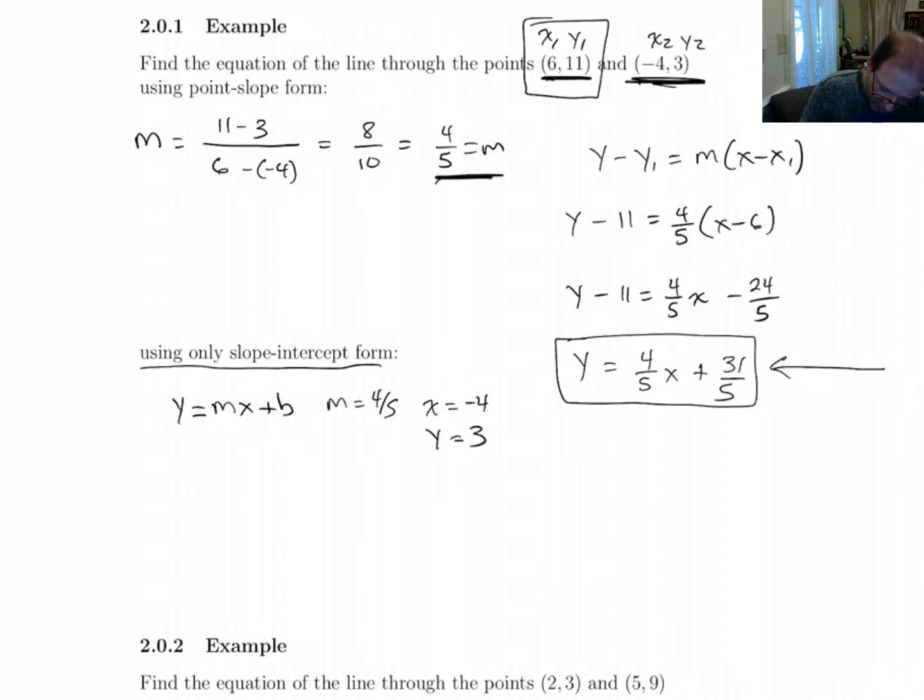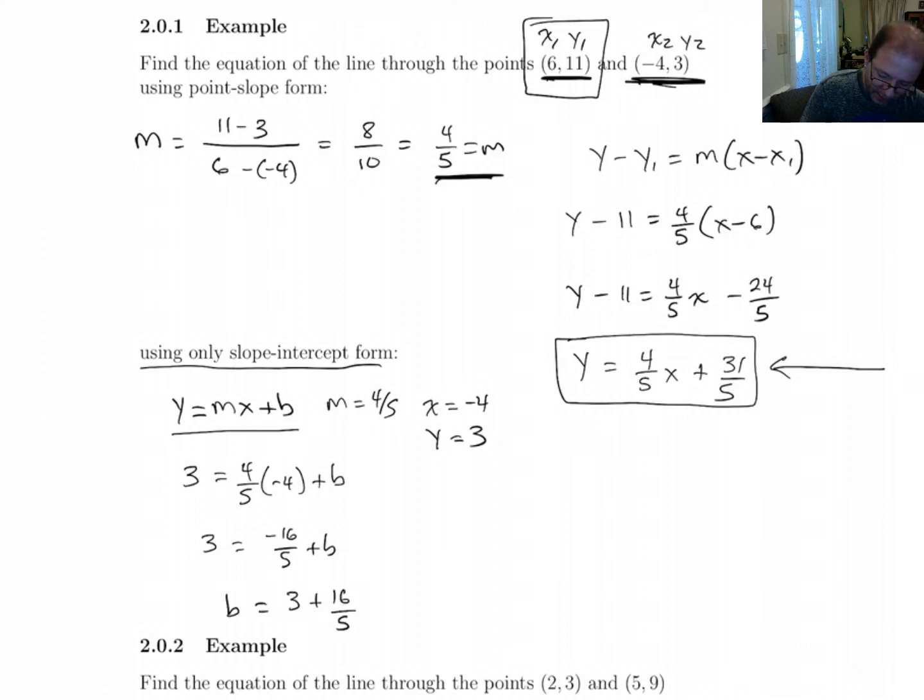So plugging those into here gives me 3 equals 4/5 times x, or well, x is -4, plus b. So 3 equals minus 16 over 5 plus b. So b is 3 plus 16 over 5. Well, let's see, 3 is 15 over 5.